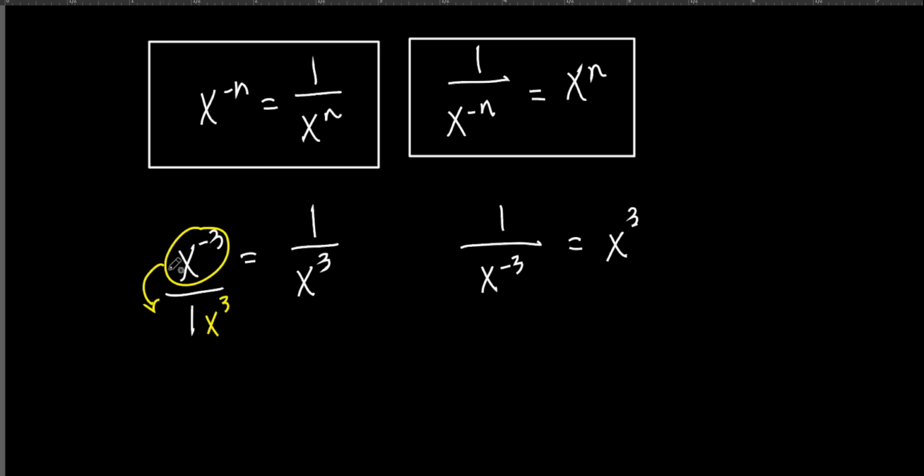Positive third. So I moved it from the top to the bottom. Everybody see that? If it was a negative exponent and I move it to the bottom, then it's a positive exponent. What's left on top, though? Not just nothing? No, not a 0, because 0 over anything is 0. It's a 1. There's a 1 right there. So what would this be equal to? 1 over what? X cubed.